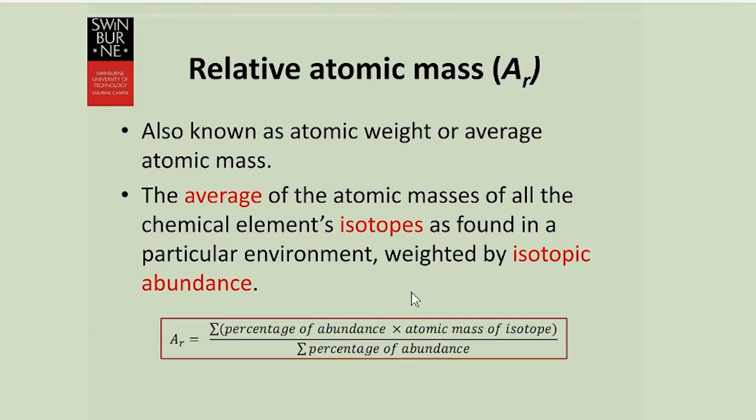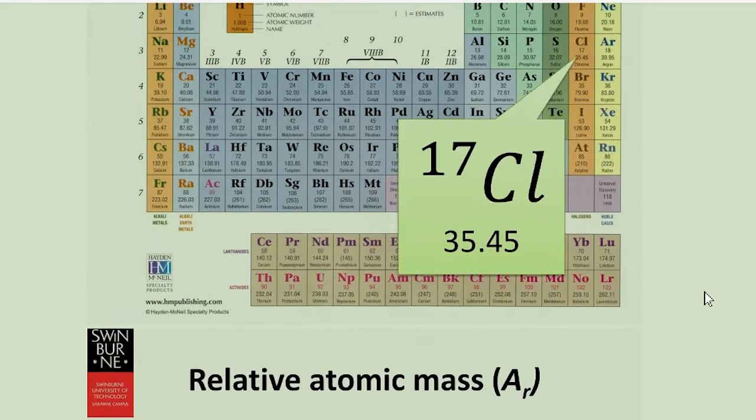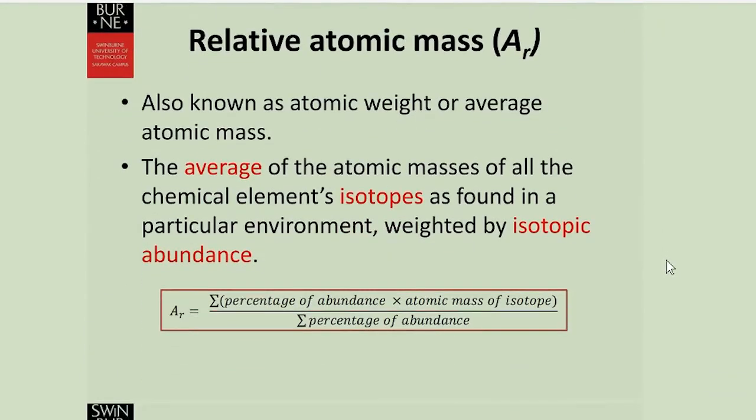The average of all those is called the relative atomic mass. The mass expressed here is the relative atomic mass of all the isotopes it has. All elements have isotopes, and the mass is the average of all those isotopes available for them.